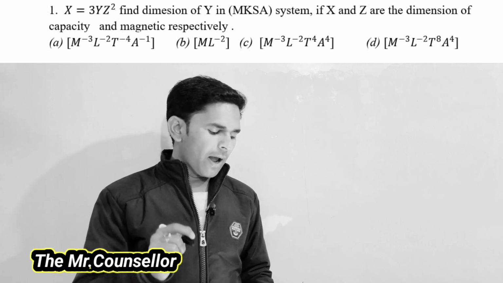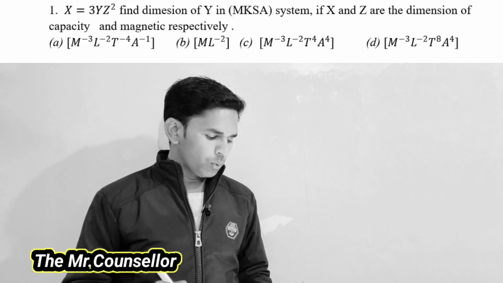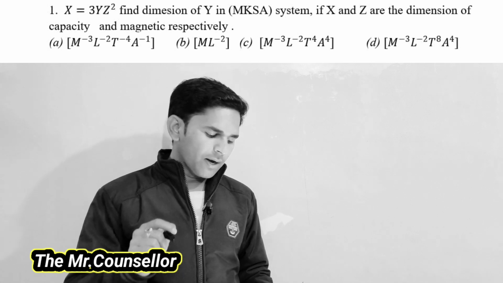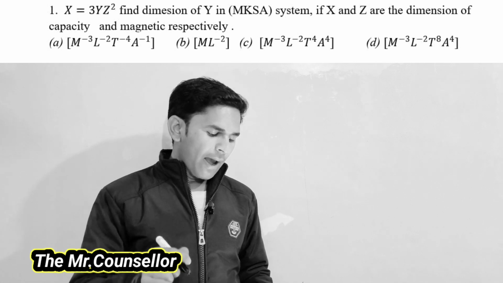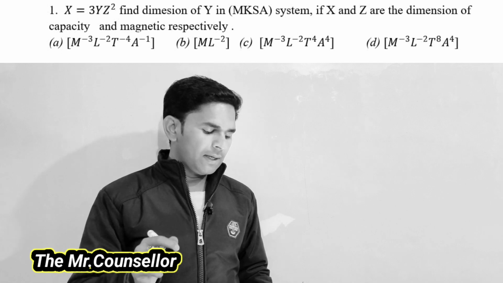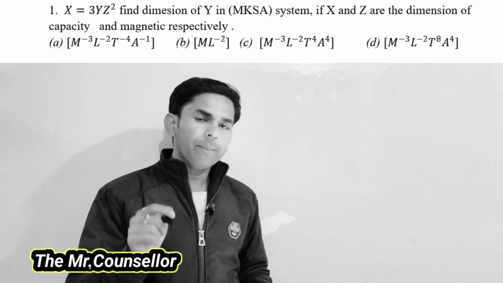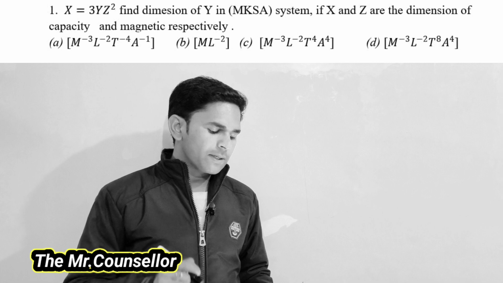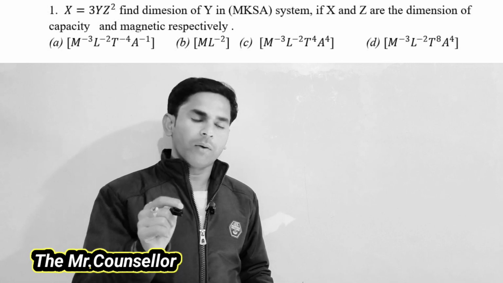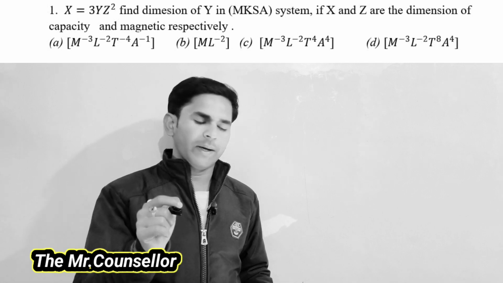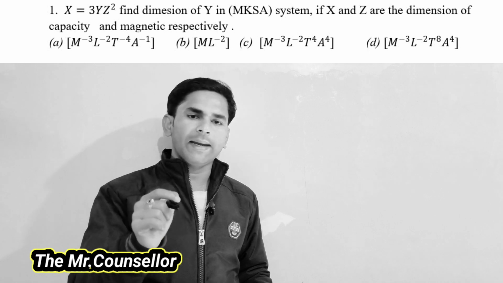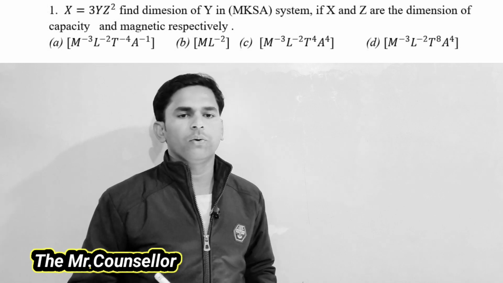Option B is M L power minus 2. Option C is M minus 3 L minus 2 T power 4 A power 4, and option D is M power minus 3 L power minus 2 T power 8 A power 4.